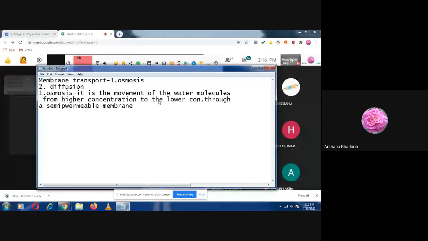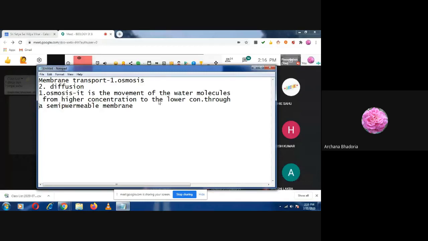One is osmosis. So osmosis is the process in which you find the movement of the water molecules. If the water molecules have to move inside the cell or outside the cell, then it will be moving through which process? Osmosis. Now in osmosis, the water will always move from higher to lower concentration.